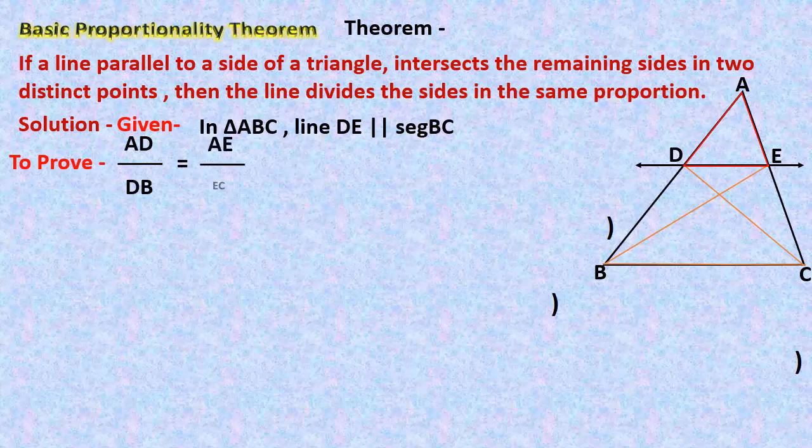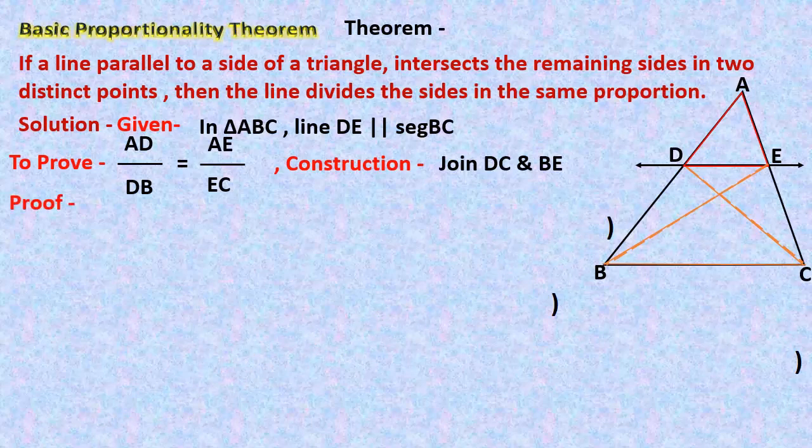Then the third part is construction. Join segment DC and segment BE. Then the fourth part is proof. Before that, we look at what is to be proved.